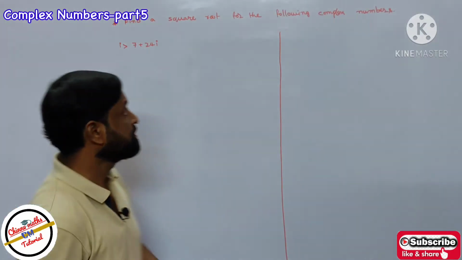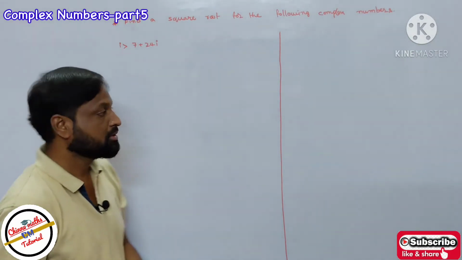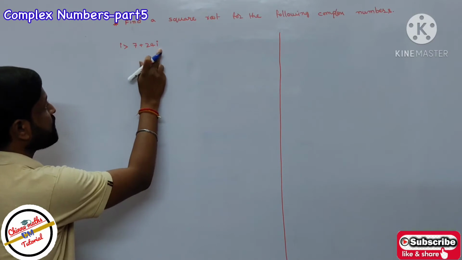Next, find the square root for the following complex numbers. Given the first complex number, 7 plus 24i.